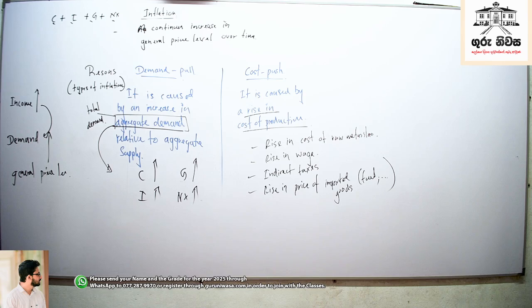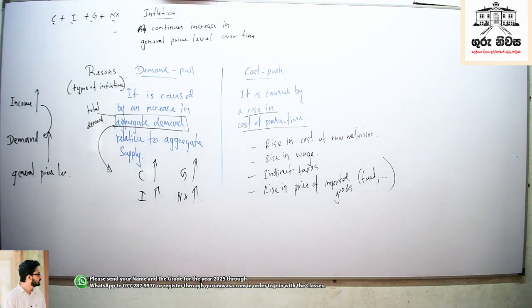If net export is positive, it means exports are greater than imports. If net export value is minus, it means imports are greater than export. Did you get the point? Yes, sir. But then always I have to put the exports minus imports. Yeah. Okay, so I got it.